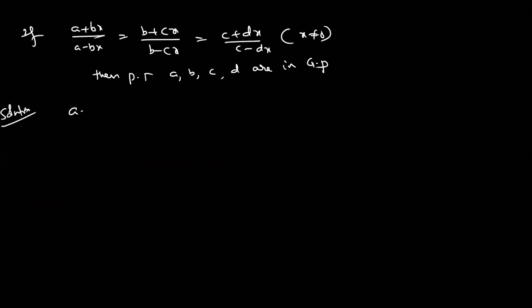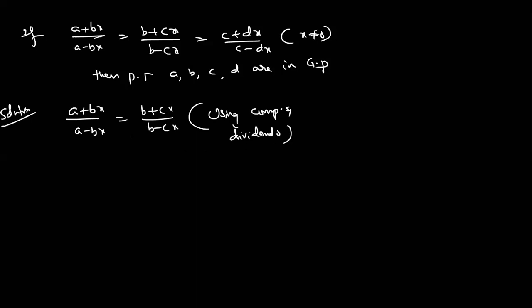So, dear students, they are given (a + bx)/(a - bx) is equal to (b + cx)/(b - cx). I'm taking this first of all, using the componendo and dividendo method. What is the componendo?